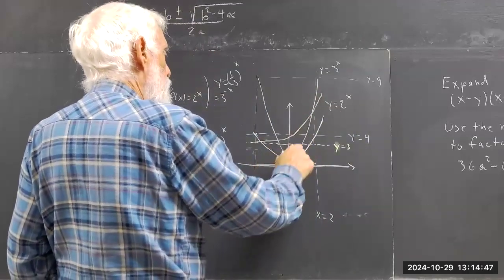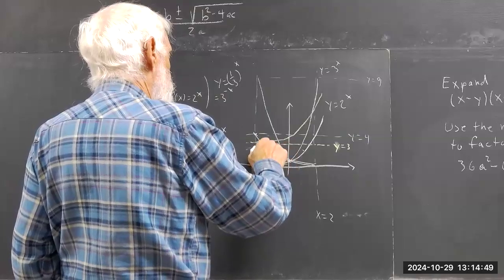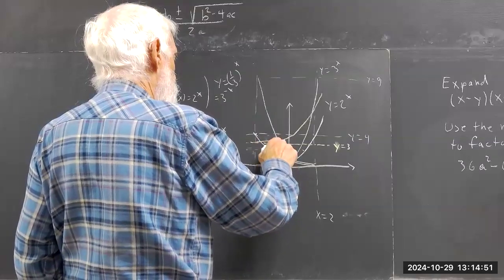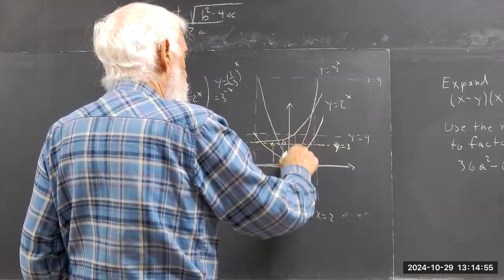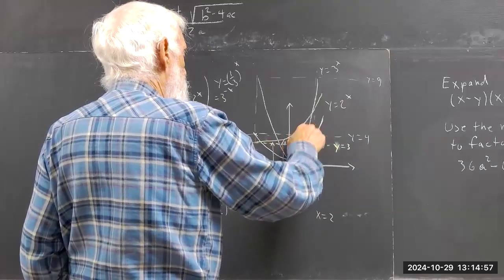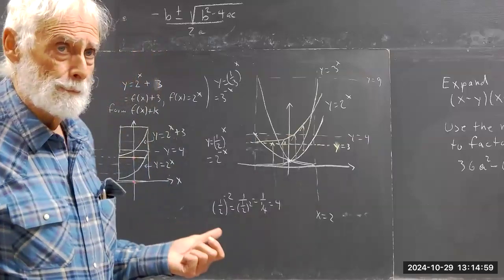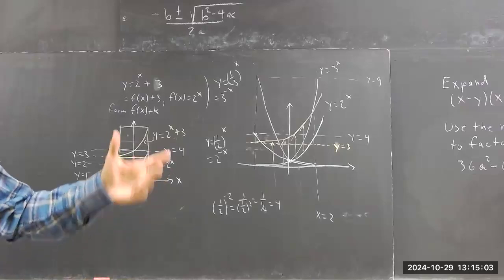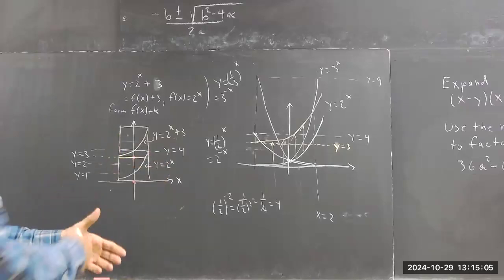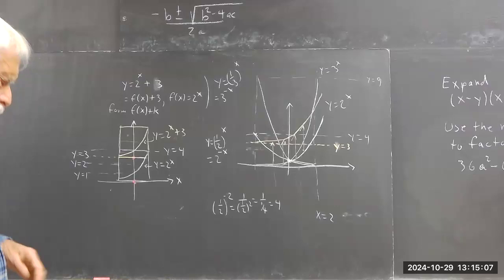I didn't draw that part well, but this curve down here, it's raised 3 units at every point. That makes sense. Then you go back to the box. The box goes up 3 units. The rectangle goes up 3 units. Everything goes up 3.